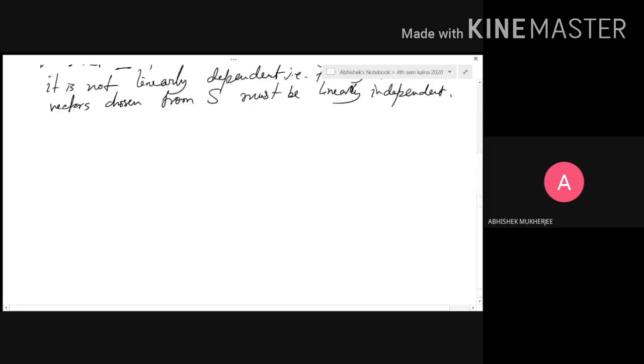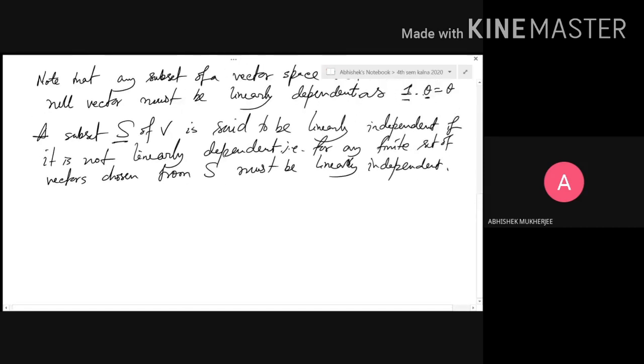So for this reason, the empty set must be linearly independent, because in linearly dependent sets there exists at least one vector. So the null set phi is linearly independent.